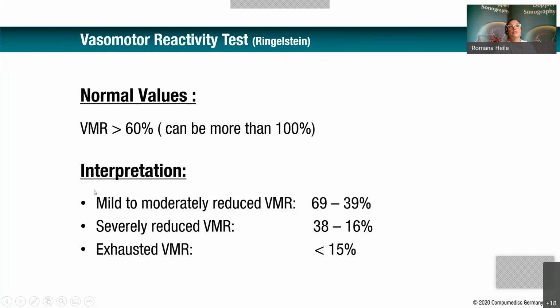So the interpretation here would be: if we have a reduced VMR with the Ringelstein method, then we have between 39 and 60% increase. Severely reduced is 38 to 16%, and exhausted would be if we are looking at less than 15% increase after stimulation.